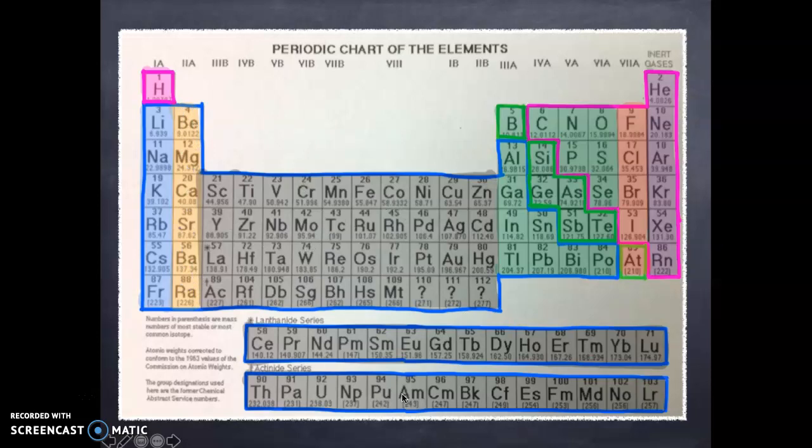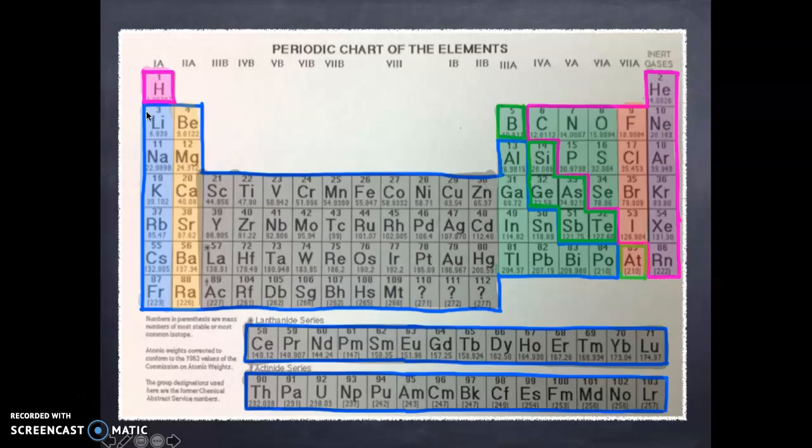All this gray is the transitional metal. Group 13 is the boron group, 14 the carbon group, 15 the nitrogen group, 16 the oxygen group, 17 is the halogens, and 18 is the noble gases, or sometimes called inert gases. Inert just means non-reactive. And then finally, hydrogen over here all by its lonesome.